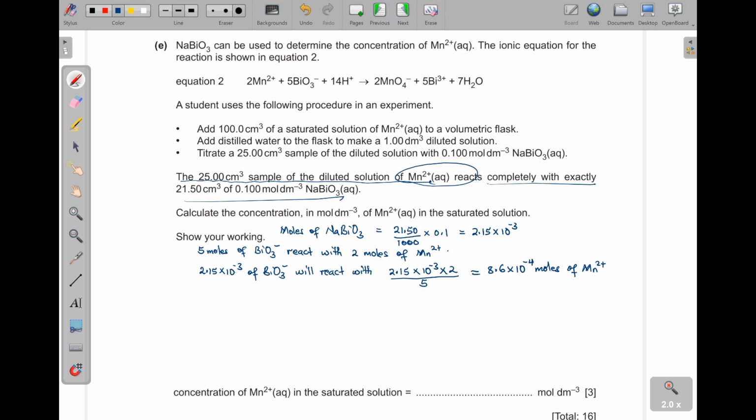So these moles are contained in the 25 cubic centimeters of the diluted solution, because remember there is the saturated solution and the diluted solution.